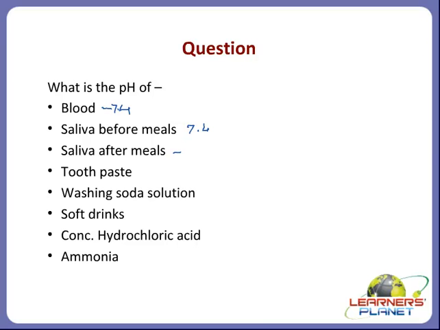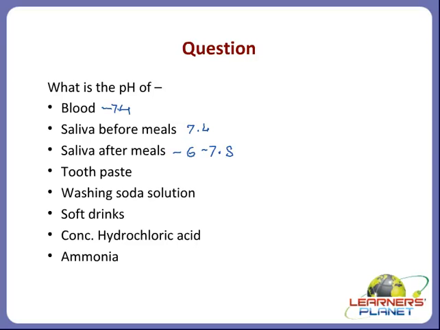Getting my point? The pH of the mouth decreases. The mouth becomes slightly acidic. Okay? So what will be the pH after meals? It will become slightly acidic, somewhere around 6 to 7. I can write a range here. It may become 6 to 7.8 depending on the food we have consumed.